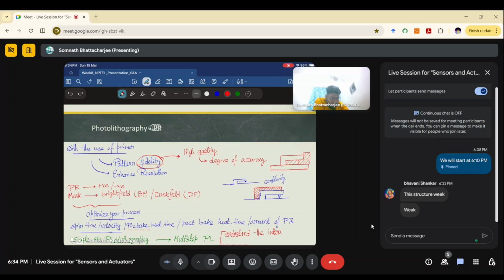So not the structure weakness, but you have to understand the interaction of the new steps or the materials with the previous pattern. What I mean to say is, if you have a pattern like this, let's say the blue one is the first step.